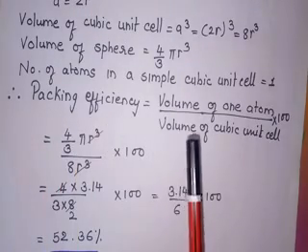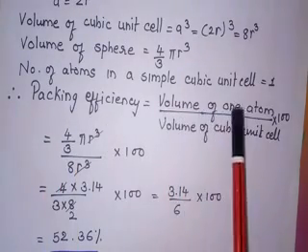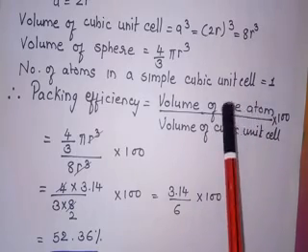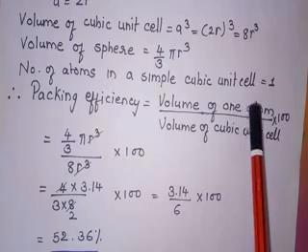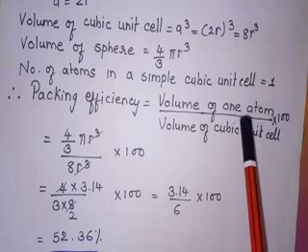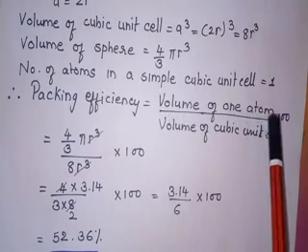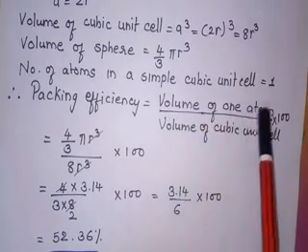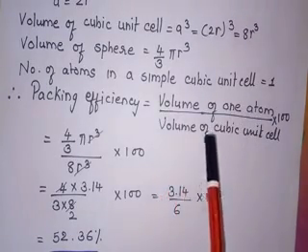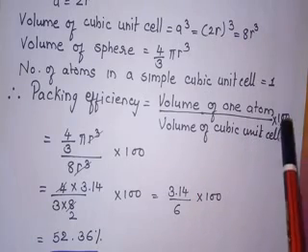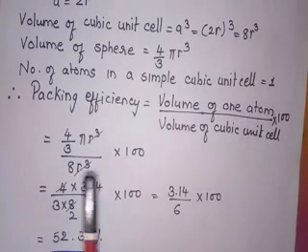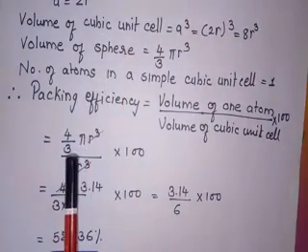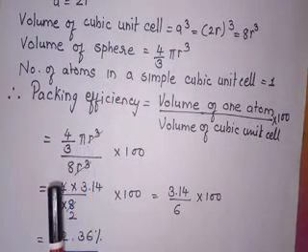Therefore, packing efficiency is equal to the volume of one atom, because there is only one atom. If there were two atoms, it would have been two atoms. If there were four atoms, it would have been four atoms. Here only one atom is there. So the volume of one atom divided by the volume of the cubic unit cell into 100. We have already discussed that the volume of a sphere, that is atom, is 4 by 3 pi r cube.